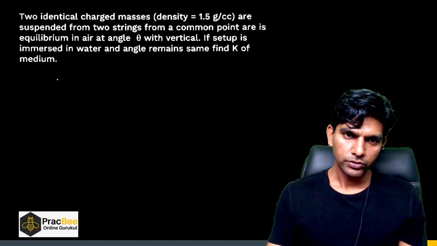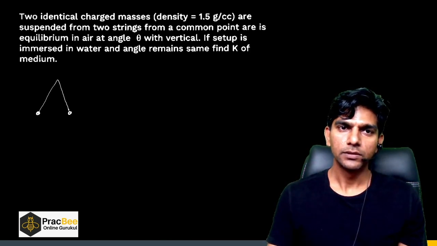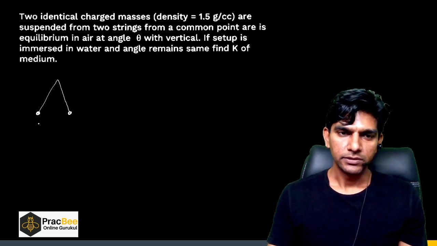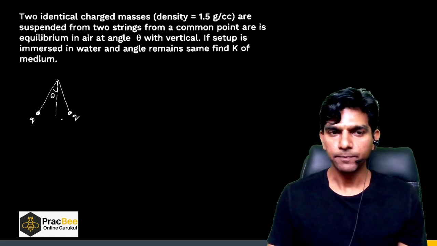Okay, let me just show you the situation. So we have two identical charged masses, right? So let us say the charge is Q. And let us say the angle made by both the strings with the vertical is theta.